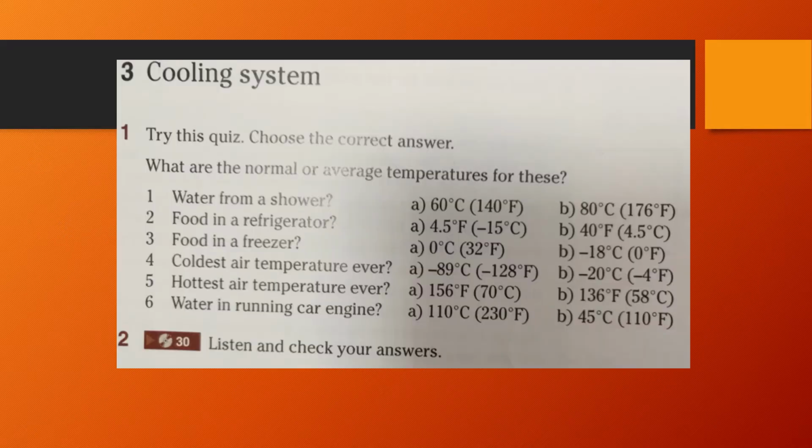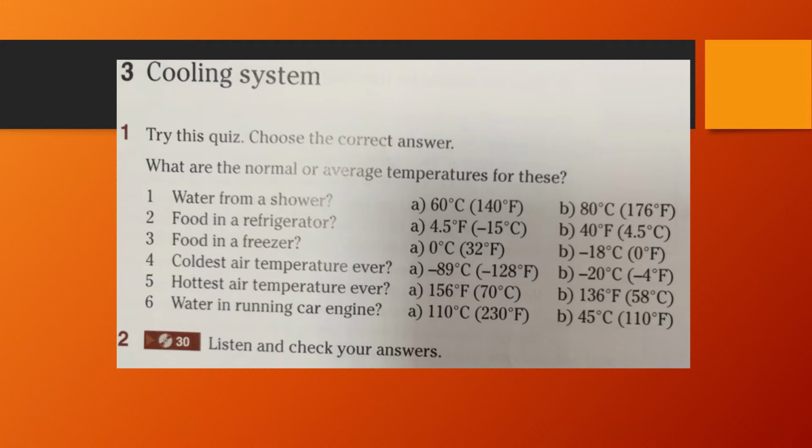Okay, our first exercise today is a quiz. We need to try this quiz and choose the correct answer. The question is, what are the normal or average temperatures for these? Let's look at number 1, water from a shower.